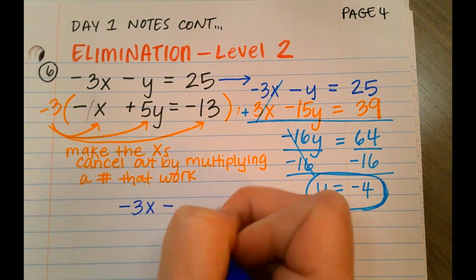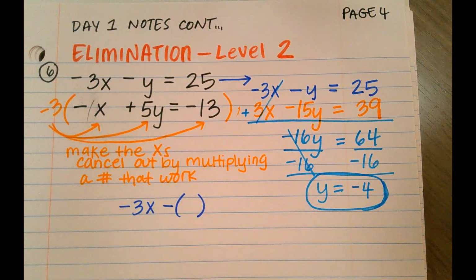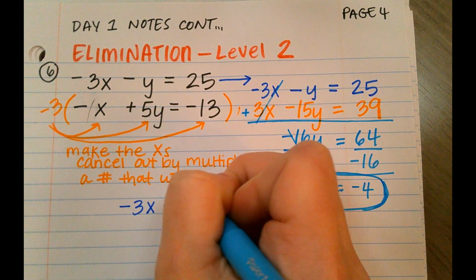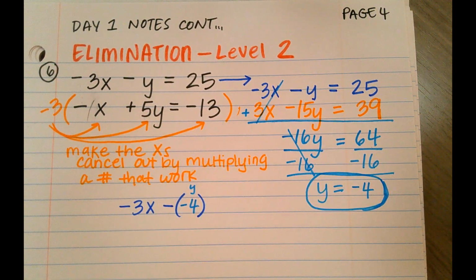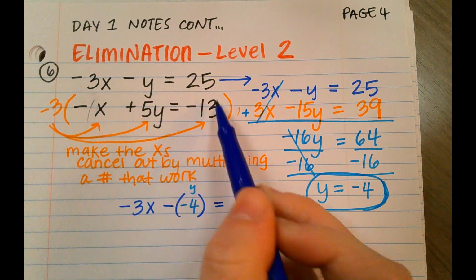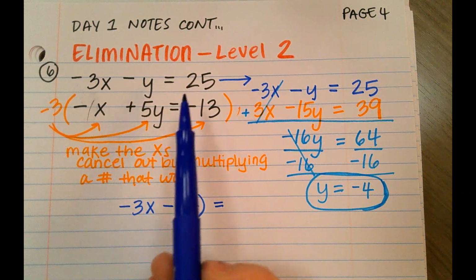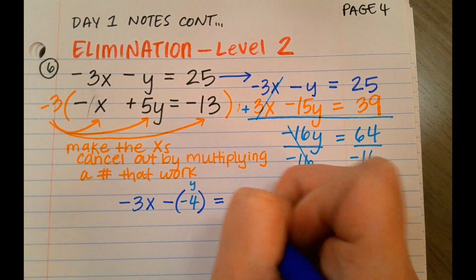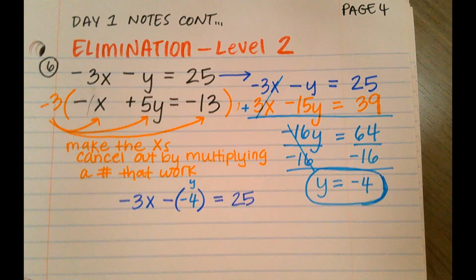-3x minus, instead of y, -4 equals... and be very careful you don't accidentally write part of the other equation. I'm looking at the top one, so I'm going to put 25, not -13. Happens more than you think.